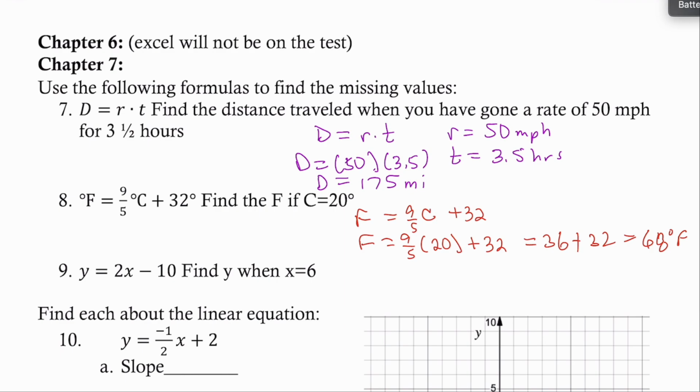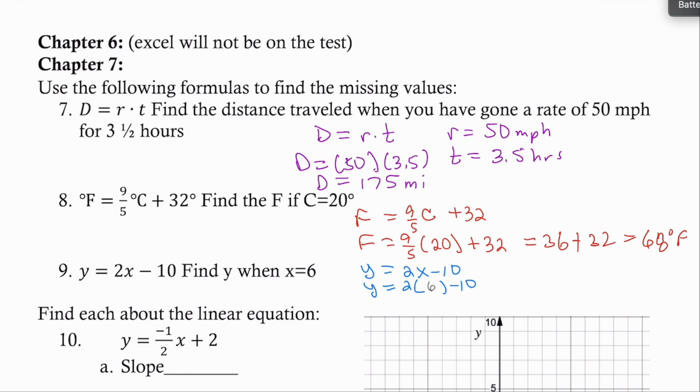The last sort of formula we'll have is more of that slope intercept form of a line, and it says to find y when x is 6. So go ahead and write down your equation. Take out your x, put a little parenthesis there, and that's where we're going to put the 6.